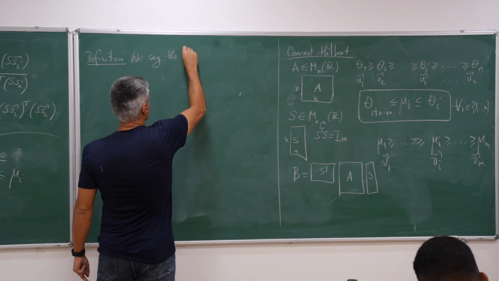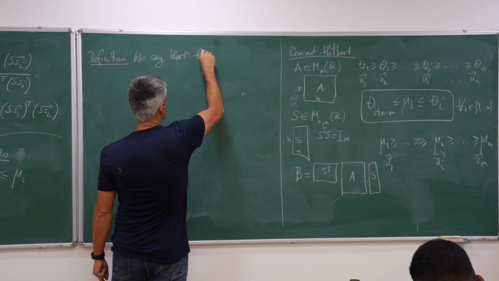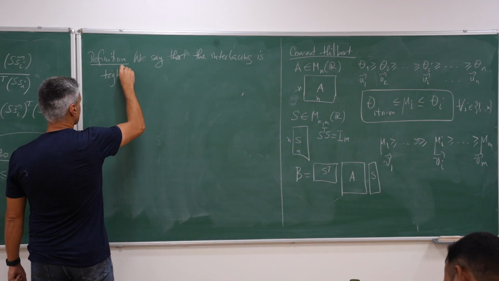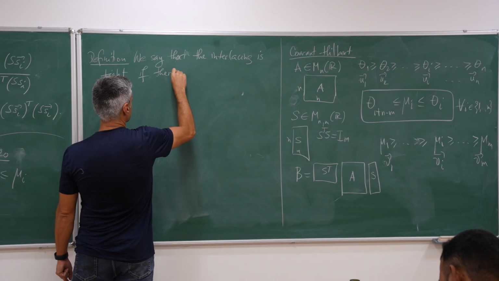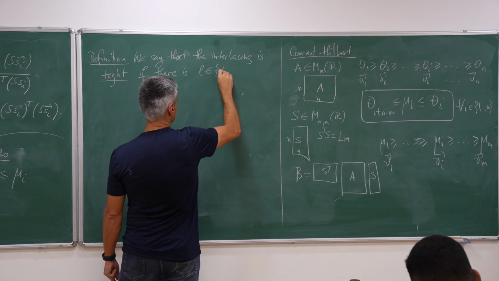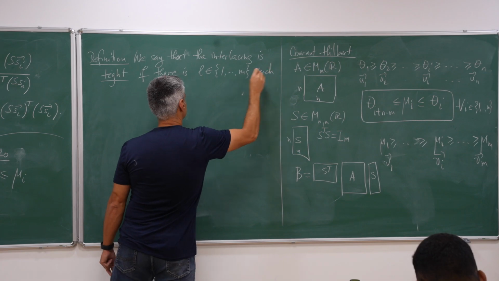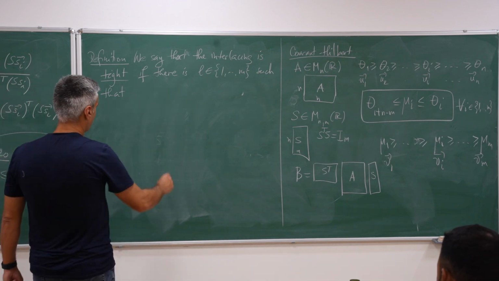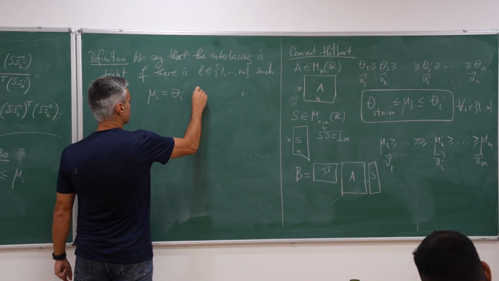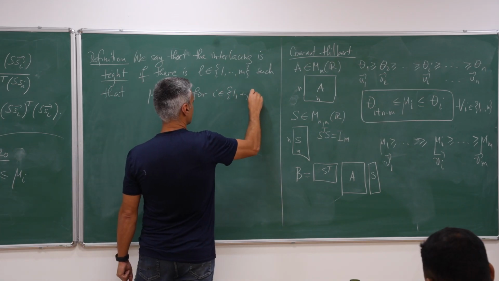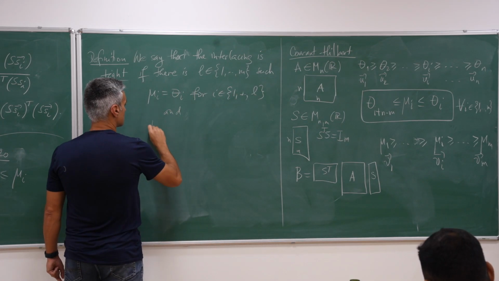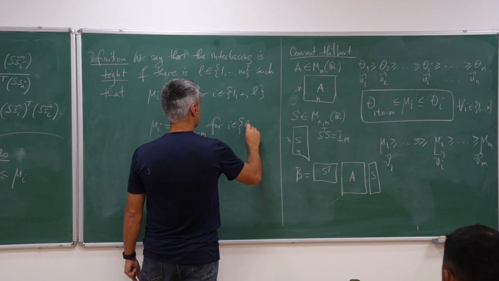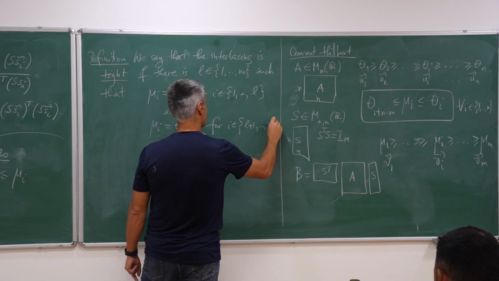We say that the interlacing is tight if there is some number, let's call it L, such that mu_i equals theta_i for i from 1 to L, and mu_i equals theta_{i+n-m} for i from L+1 to m.